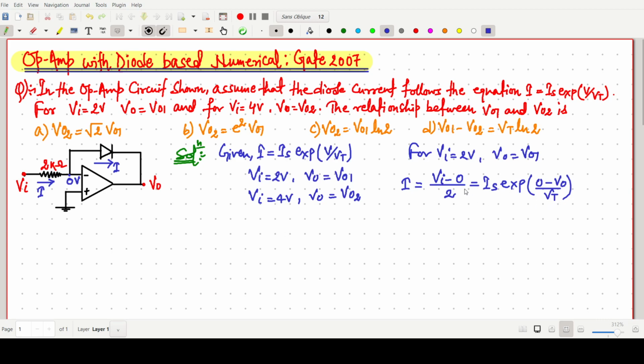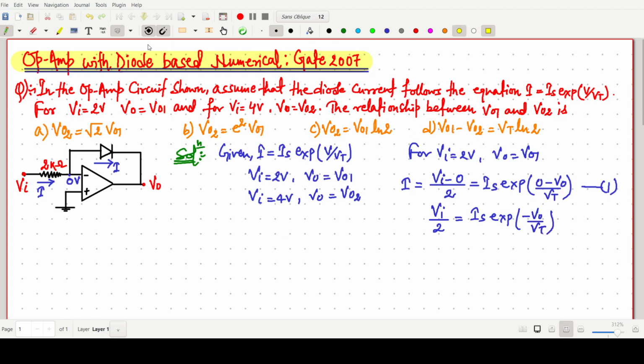Is this equation clear? Vi minus 0 by 2 equals Is exp of 0 minus V0 by Vt. Say this is our equation number 1. Now we can simply write this as Vi by 2 equals Is exp of minus V0 by Vt.